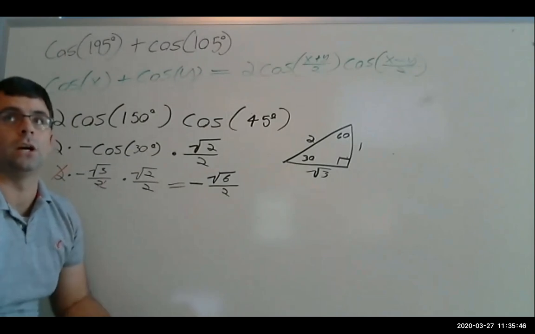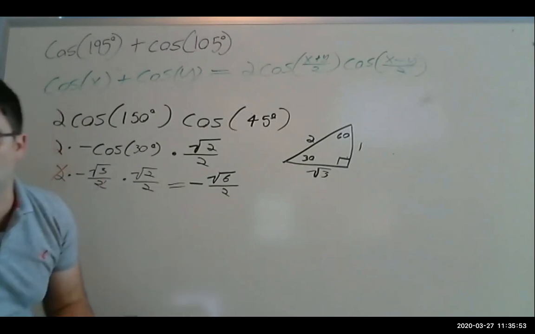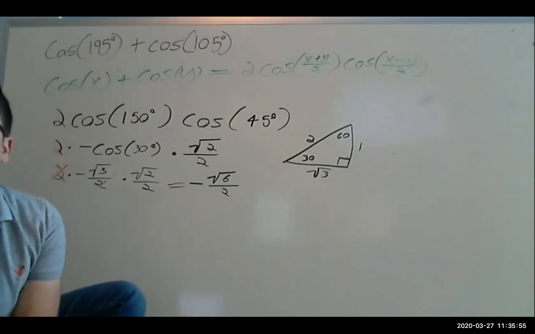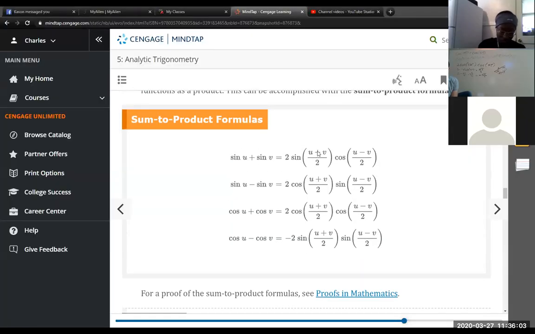If you don't like having to remember x plus y over 2, x minus y over 2, just remember they always have both, their average and their deviation.